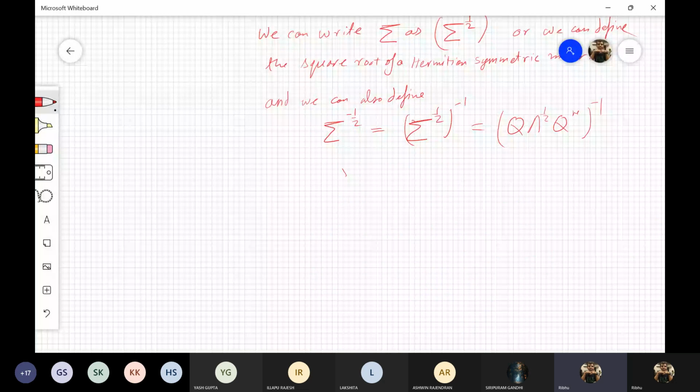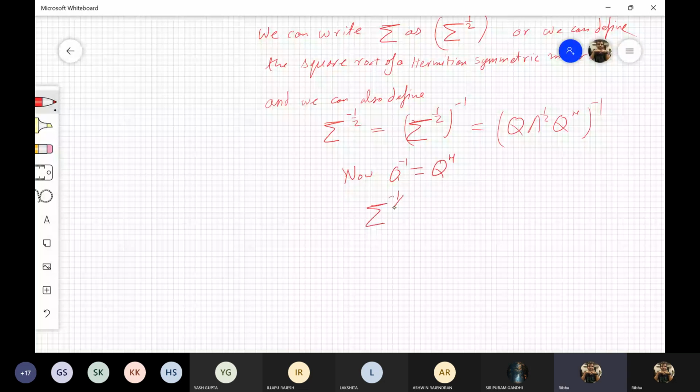Therefore sigma minus half equals, rather sigma minus half equals Q lambda minus half Q Hermitian.